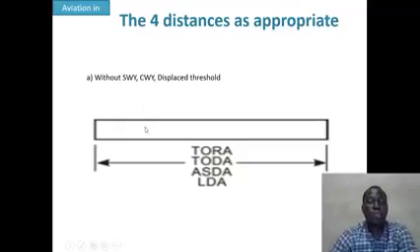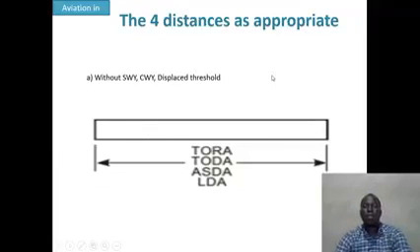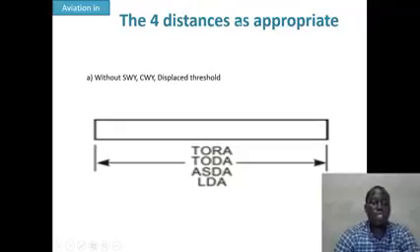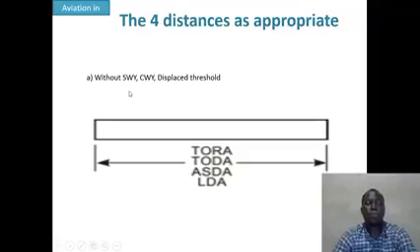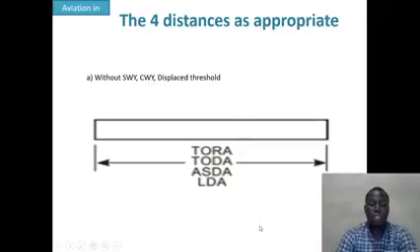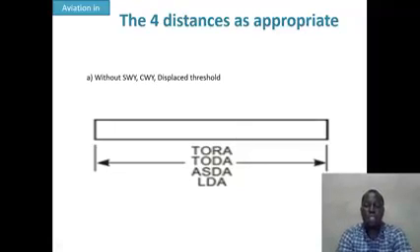So these four distances are defined depending on the case, as appropriate. For example, here for the first case, when there is no stopway, no clearway, no displaced threshold, the four distances are equal.